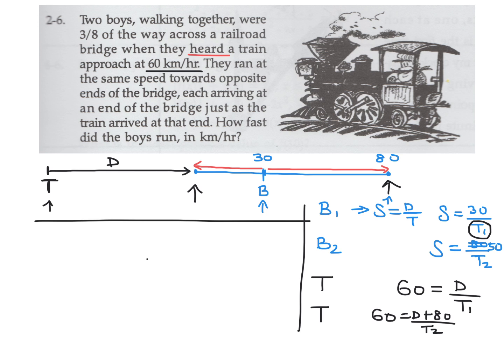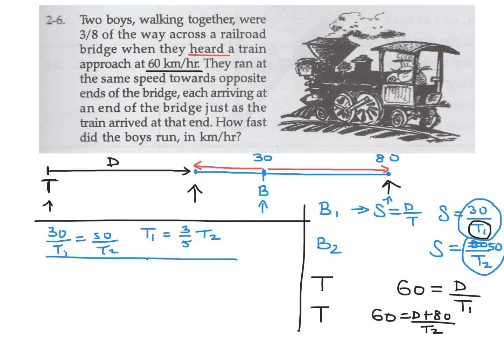Okay, so now we can move with this. S is equal to this, and S is equal to that, so they're equal to each other. So 30 over T1 is the same as 50 over T2, and therefore T1 would be equal to 3 over 5 T2.